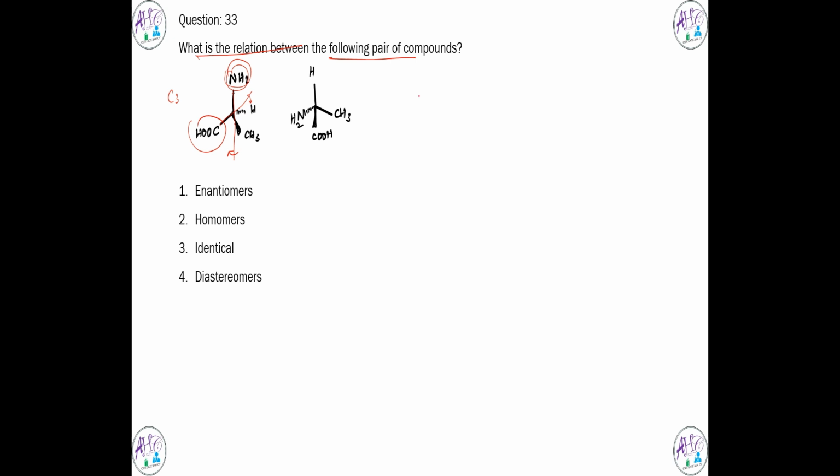But the best way, I think, is to go with the options. They have given enantiomers, homomers, identical, and diastereomers.